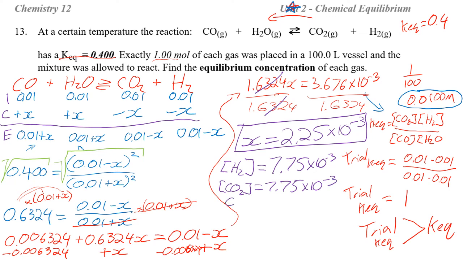And CO is going to be 0.01 plus 2.25 times 10 to the minus 3. And since H2O is the exact same thing, the concentration is also 0.01225. And I should be writing molarity after everything.